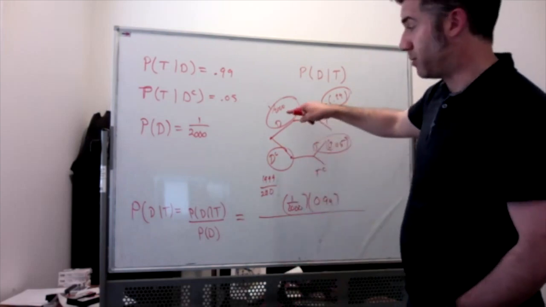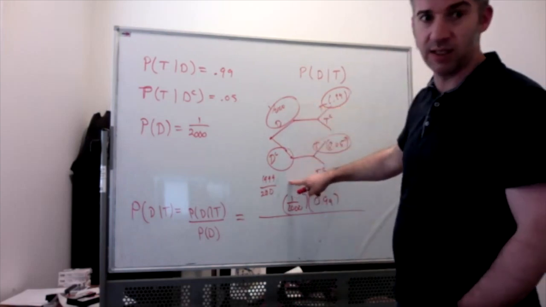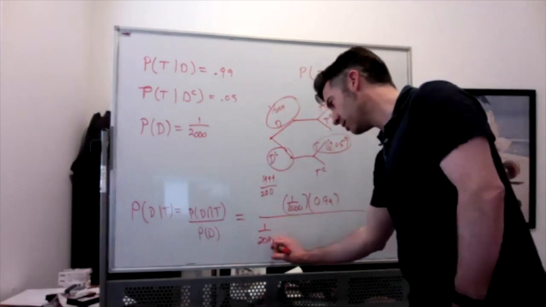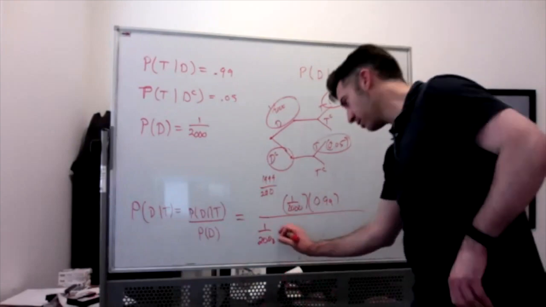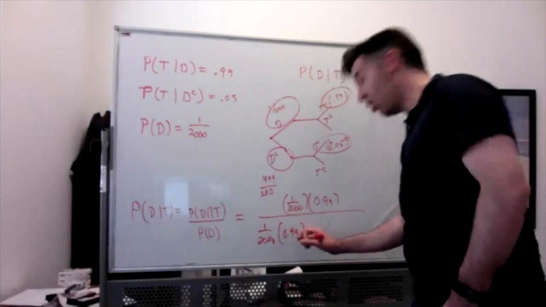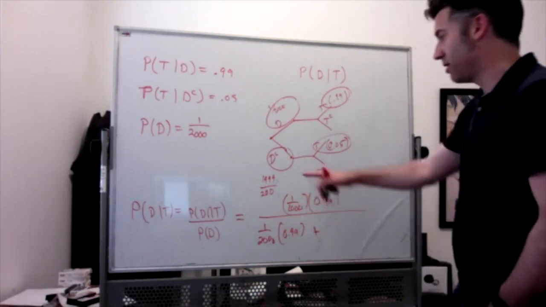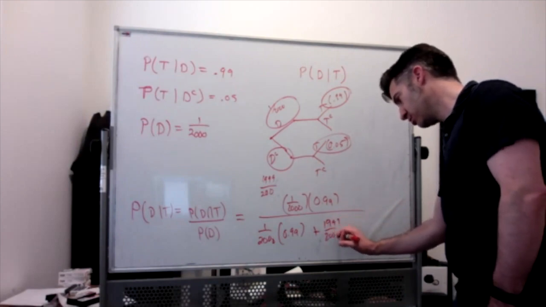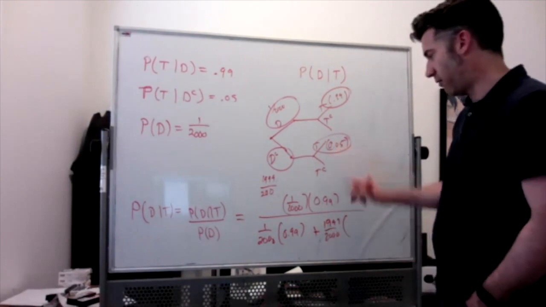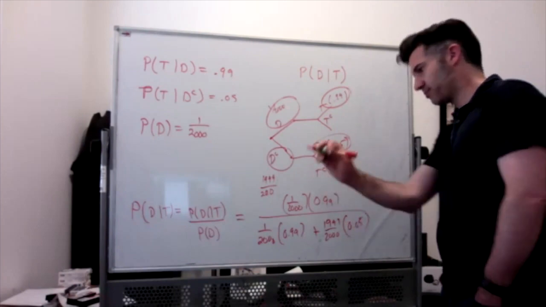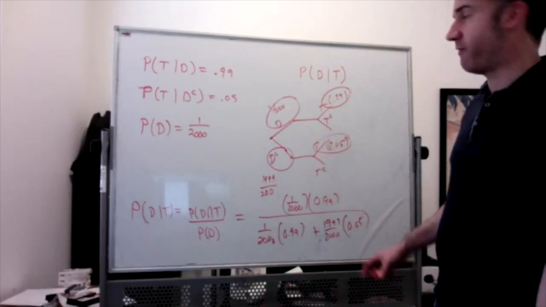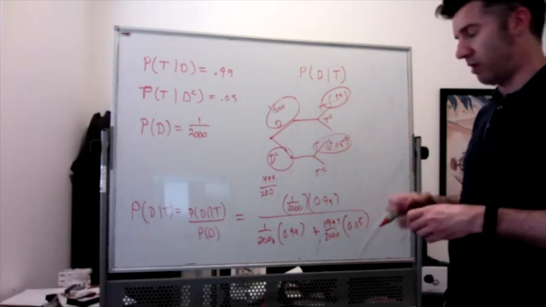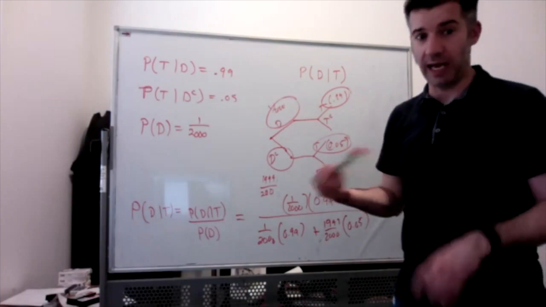You can either have the disease and a positive test, or not have the disease and have a positive test. Remember the or: have the disease and multiply a positive test, or add don't have the disease and multiply have a positive test. Which is just Bayes' rule, but found through a tree as opposed to just memorizing the rule. I definitely prefer doing it with a tree. So I really could imagine he would ask you a question like this.